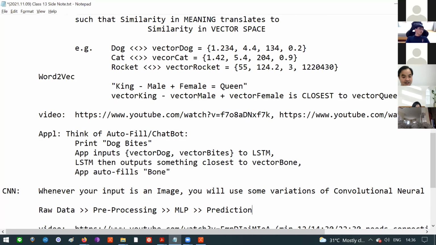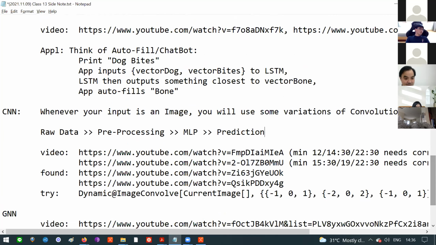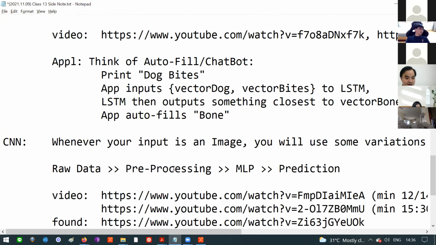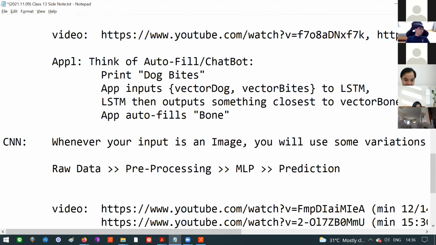Remember that? We talked about pre-processing. Now you can think of it this way: if you have image data, in other words, your data is numerical.